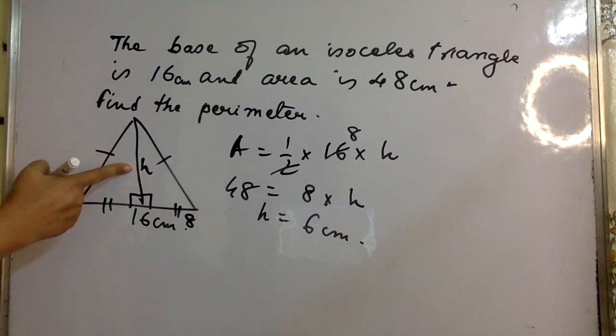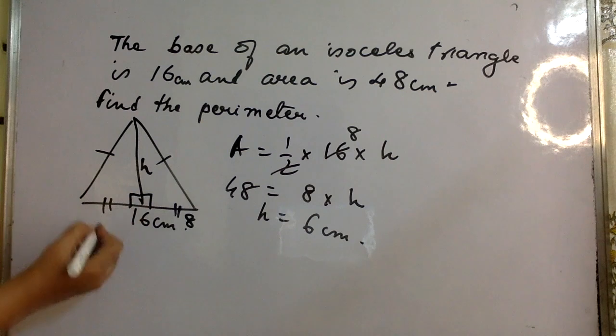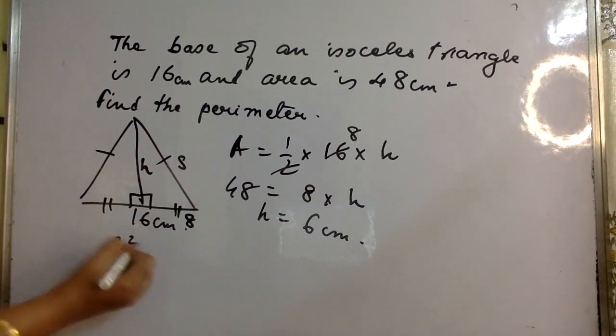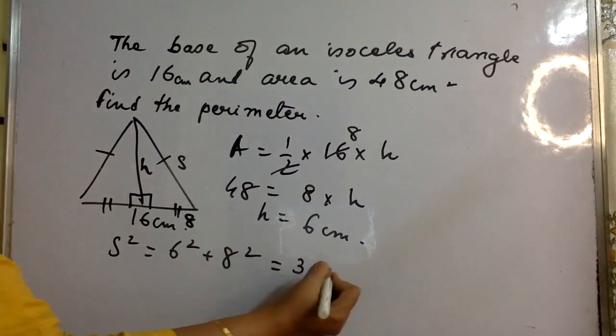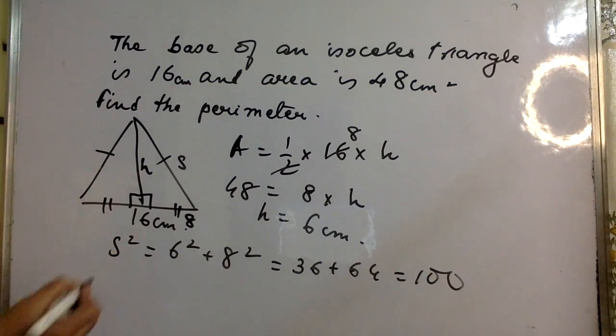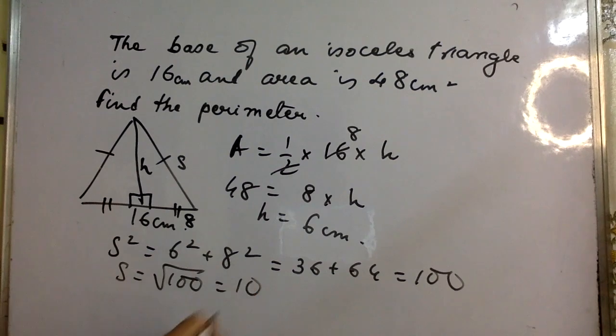If this is 6, now let me apply Pythagoras. So here let me name this as s. So s square is 6 square plus 8 square, which is 36 plus 64, that is 100. Then s is equal to square root of 100, which is 10.